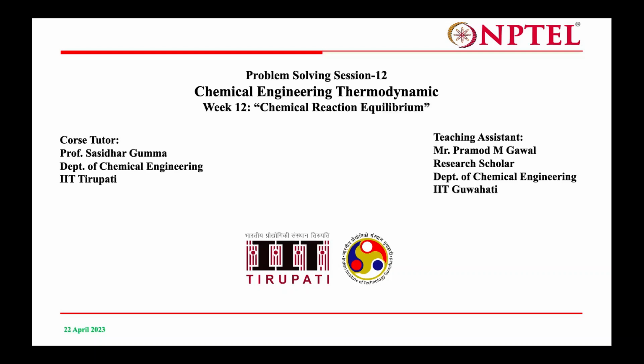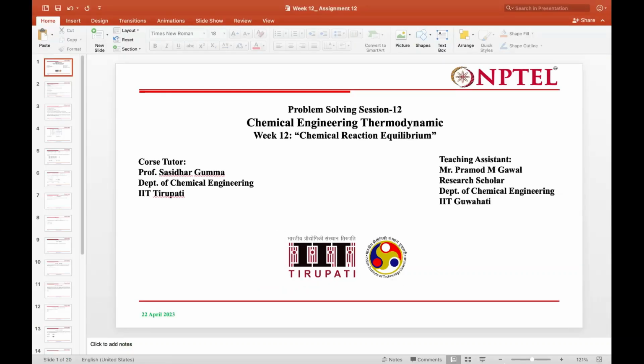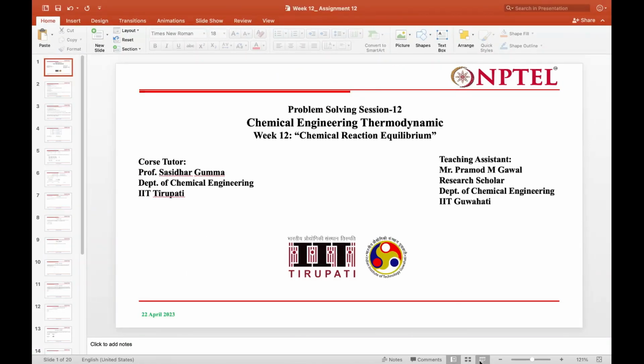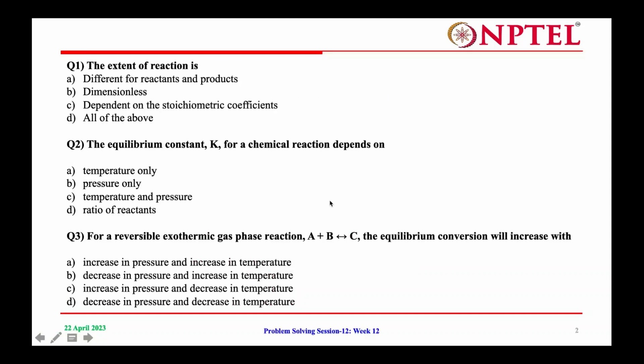So starting from the MCQ one. Question one: the extent of reaction is, options given, different for reactant and products, dimensionless, dependent on the stoichiometric coefficient, all the above.